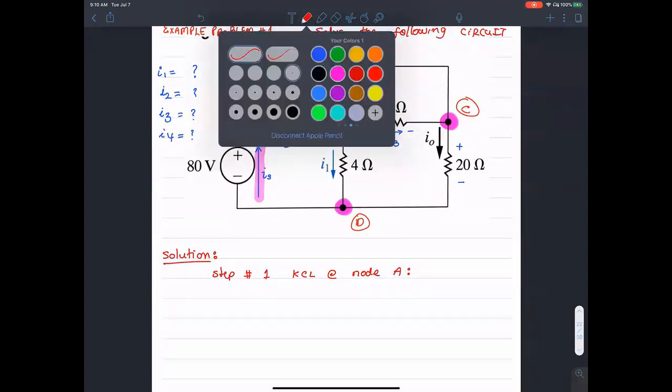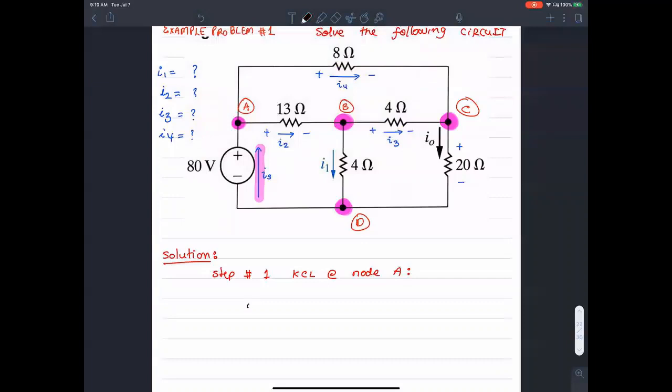The current coming in is IS, from top to bottom, and equate that to the currents leaving, I2 plus I4. Everybody with me? Okay, so that's step 1.